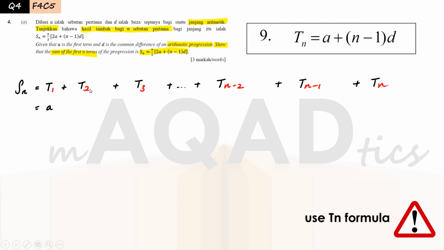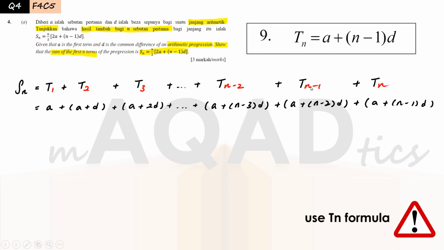For t2, I substitute 2 into n, so a plus 2 minus 1 times d, which is just a plus d. For t3, same thing, 3 put inside n, so a plus 3 minus 1, so it's 2d, and so on. All the red values here, I'm just going to substitute inside n to find the result.